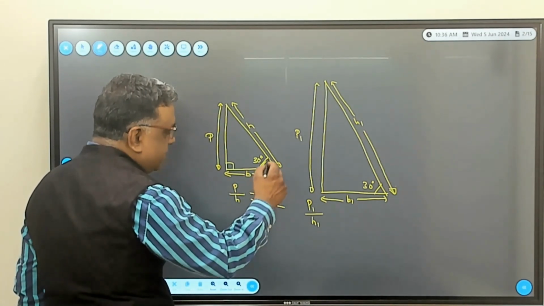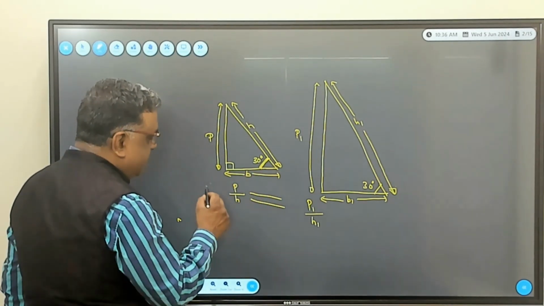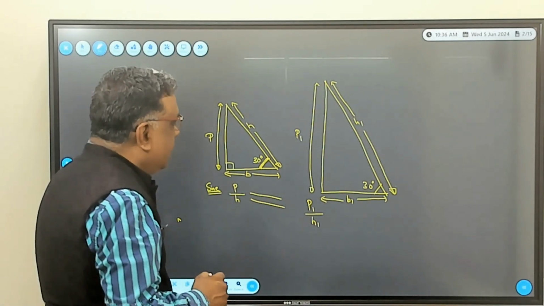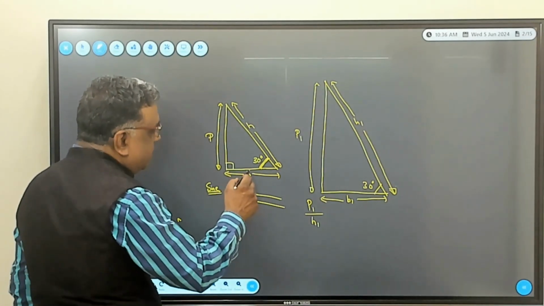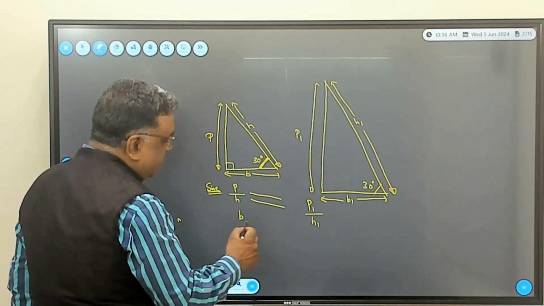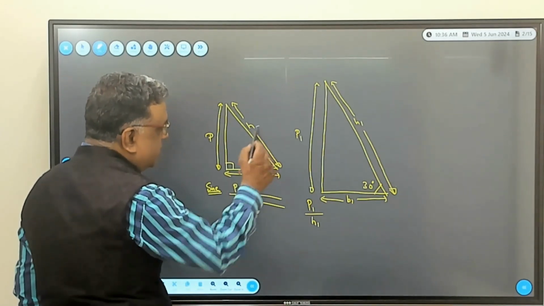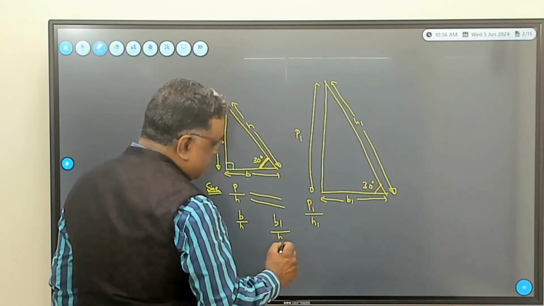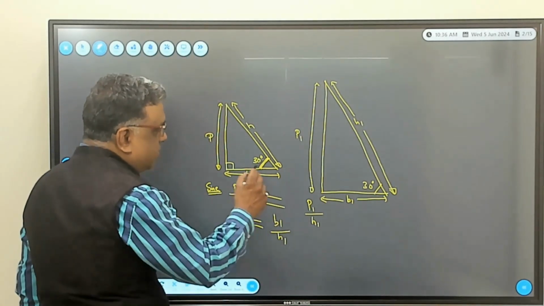This function P by H is normally known as the sine function, which I will explain a little later. Same way, in this triangle if I take the ratio B upon H, and in this I take B1 upon H1, again they are both the same as long as this is 30 degrees.